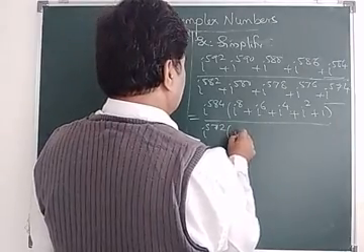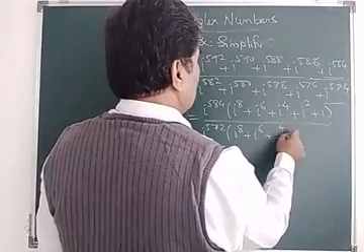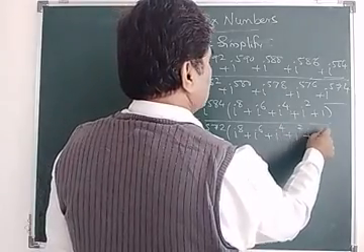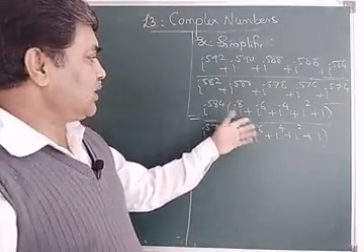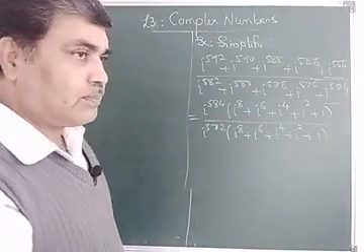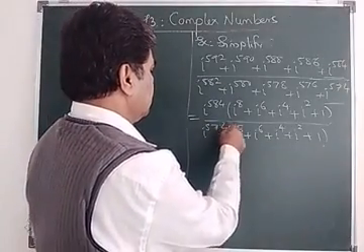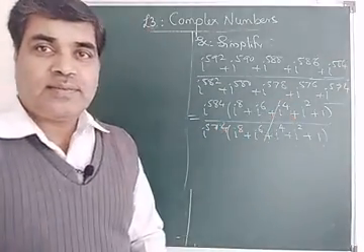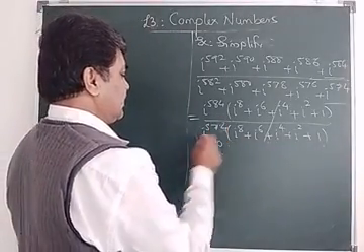So it is i raised to 8 plus i raised to 6 plus i raised to 4 plus i square plus 1. I am not interested in putting values of i raised to 8, i raised to 6, because this numerator and this denominator get cancelled. And then we will get i raised to 10 by law of indices.